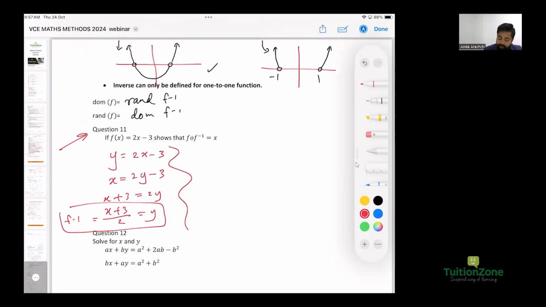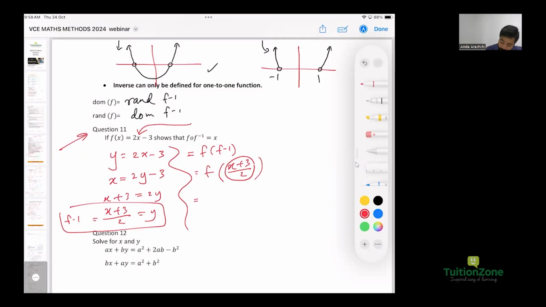What does the composite mean? So f dot f inverse means it's f of f inverse, which is f of what's the inverse, which is the x plus 3 over 2. And then you sub this x plus 3 over 2 for the x on the equation here. That's f of x.